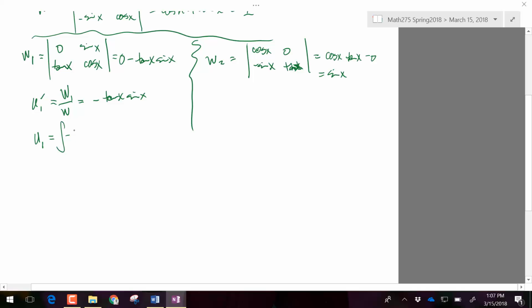So this is probably where I want to write it as sine squared x over cosine x. See if I can simplify or work it out somehow so I can have a nice derivative. Is this a nice derivative? No. So I have to split this up. So it looks like 1 minus cosine squared x over cosine x. Oh, that'll work.